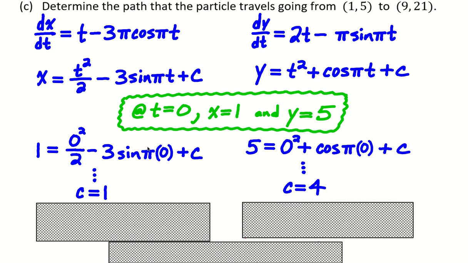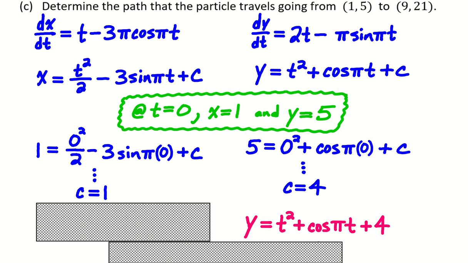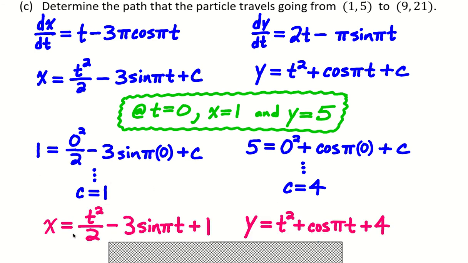So blah blah blah, busy work, and we end up with c equals 1 for this x component, and c equals 4 from this component. And so, people, here are the two components of your position vector.